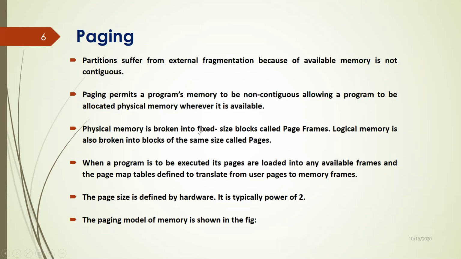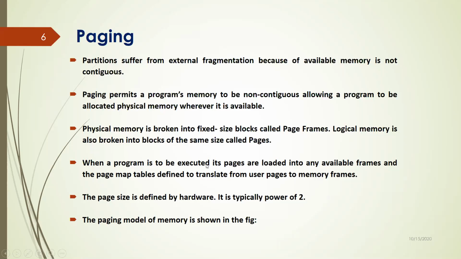Physical memory is broken into fixed-size blocks, and those blocks are said to be what? Page frames. And the logical memory is broken into blocks of the same size, and those are said to be what? Pages. That is what I was explaining to you from the textbook reference.